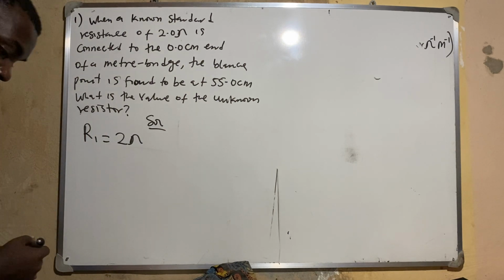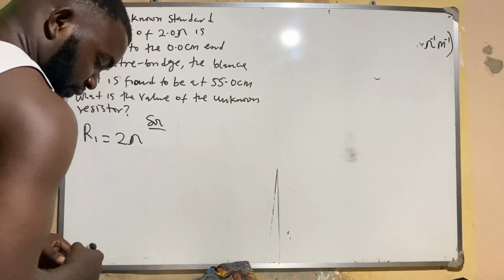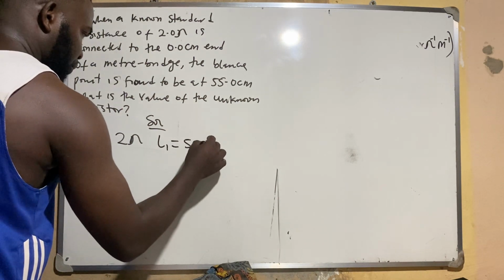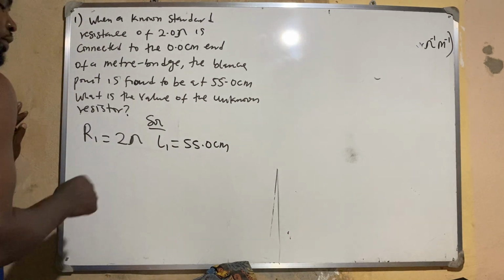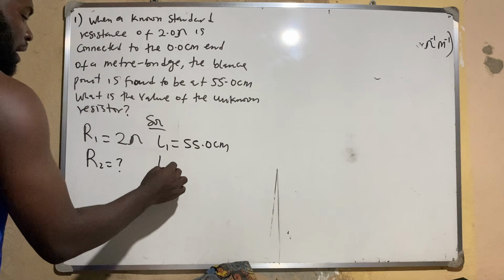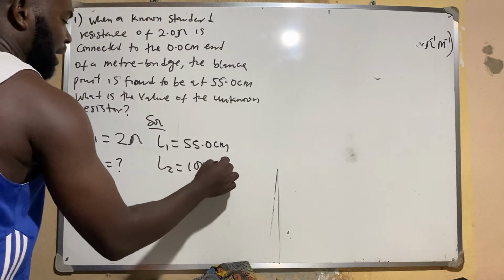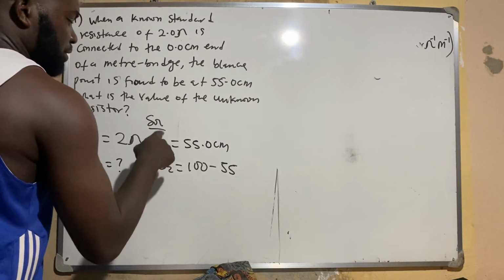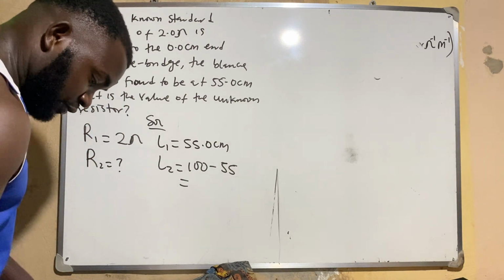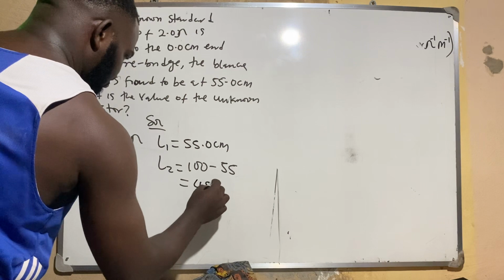Our L1, the length for that one, is 55.0 cm. They don't give L2, and I'm looking for R2, which is unknown, but I know that L2 should be 100 minus 55, because both should add to 100. So L2 is 45 cm.